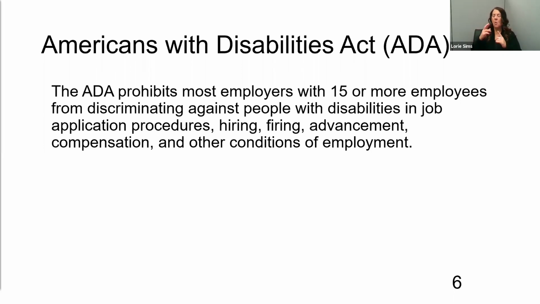So essentially, the ADA requires that employers who have more than 15 employees treat employees with disabilities, and also job applicants with disabilities, equally to other employees. And that includes making reasonable accommodations, which are changes in the way that the workplace operates, as necessary for employees who have disabilities. And Aisha and Stephen will talk more about that. Next slide.